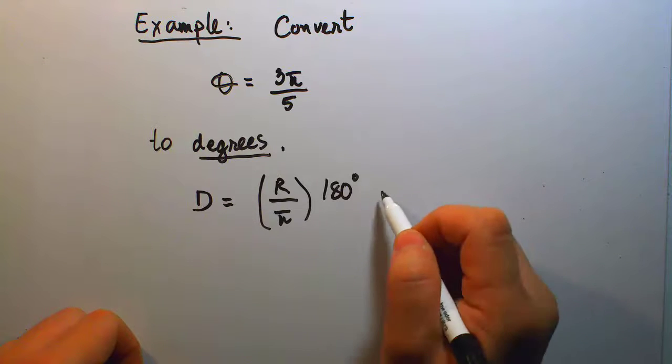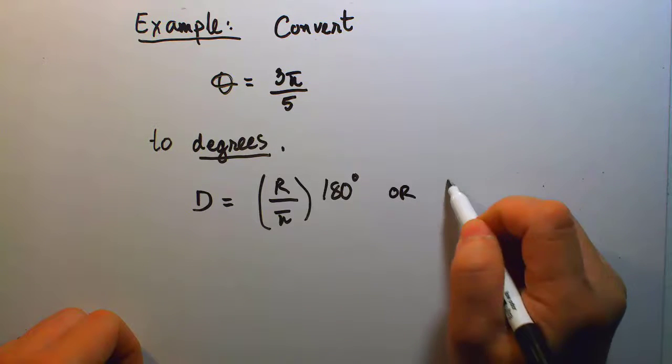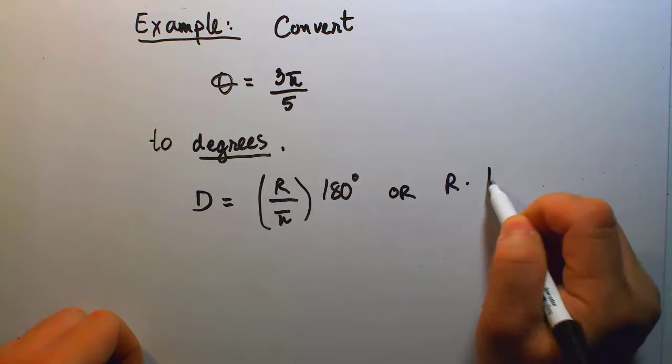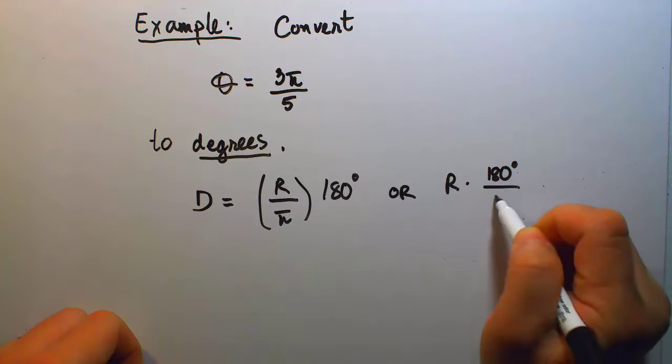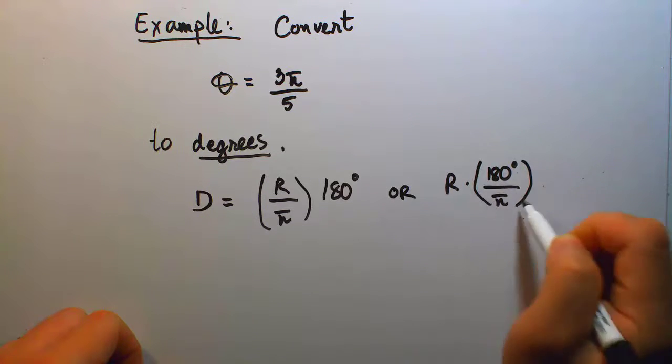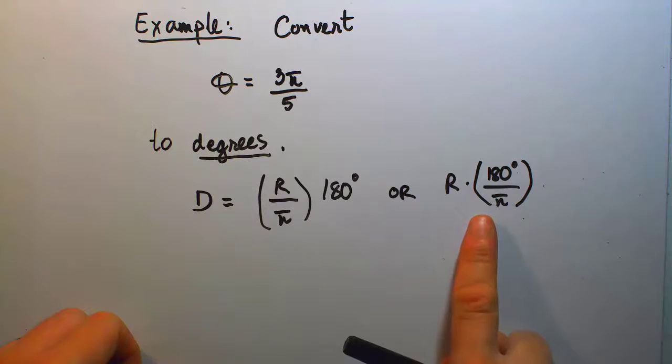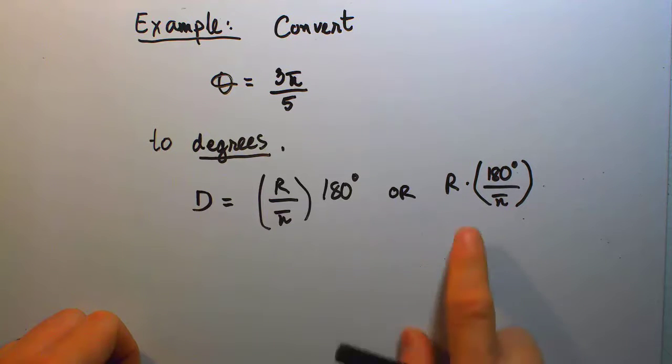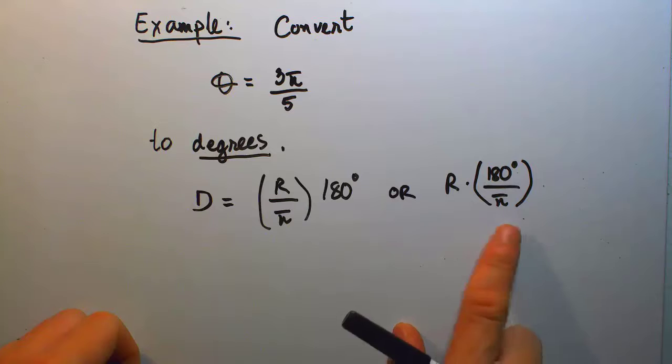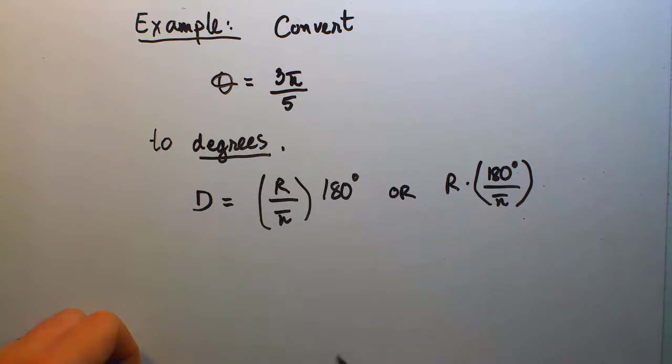Or you can think of that as the same formula, r times 180 over pi. Commonly, I would go with this way of arranging it, so that it gives me much easier cancellation of pi, and you will see in the example throughout how I'm doing the example.